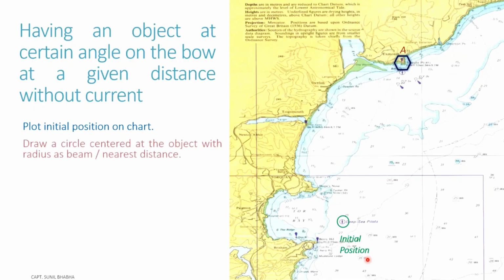So what we are going to do now is we will draw a circle centered at our reference object, which is this lighthouse, the Straight Point lighthouse, and whose radius is equal to the beam distance or the nearest distance from this lighthouse when we are moving on our track.